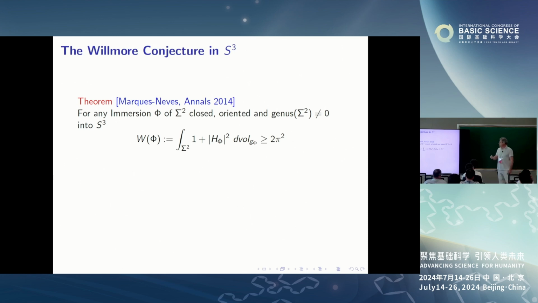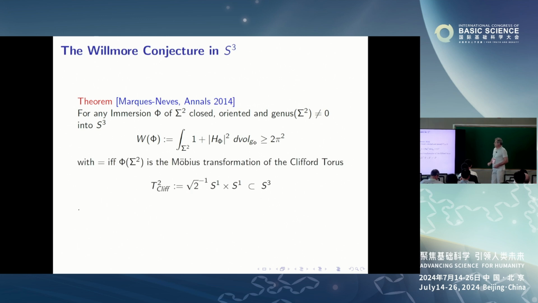He was proving it for axially symmetric tori in R3, and he was making the conjecture that there should be this lower bound, which is 2 pi squared. And this lower bound is nothing but the Willmore energy of a famous torus, the so-called Clifford torus in S3, which is simply S1 times S1 divided by square root of 2.